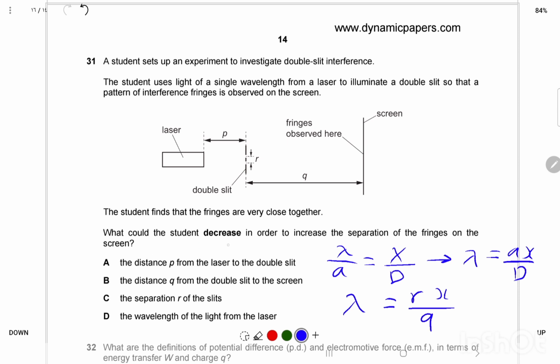So what could the student decrease in order to increase the separation of the fringes? Our target is to increase the separation of the fringes. We know that R and X are inversely proportional. X and Q are directly proportional.